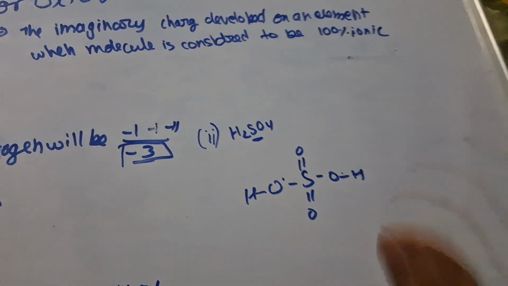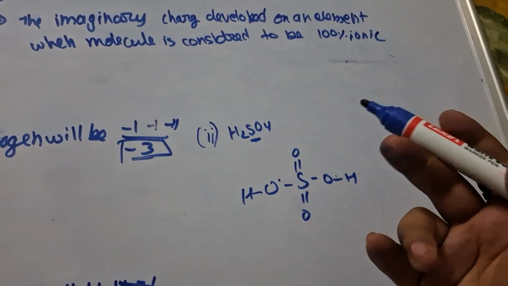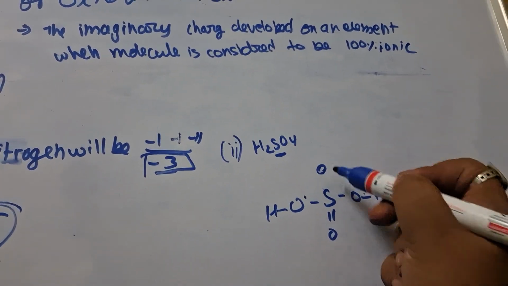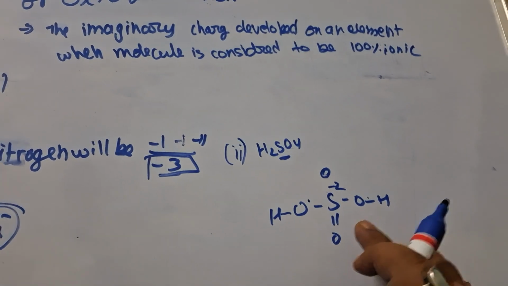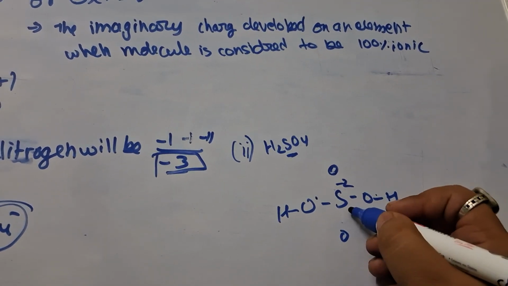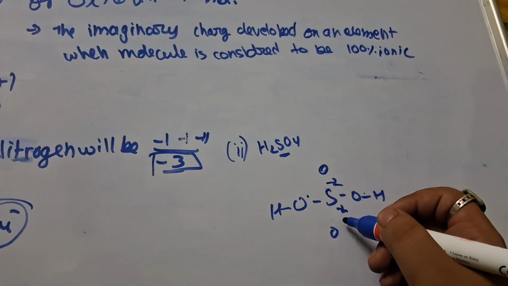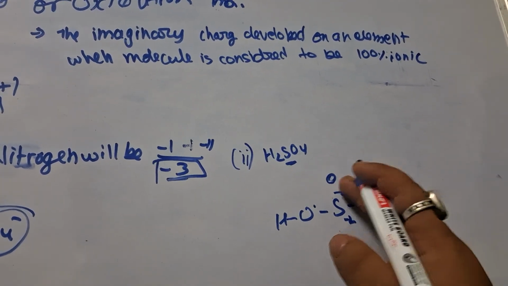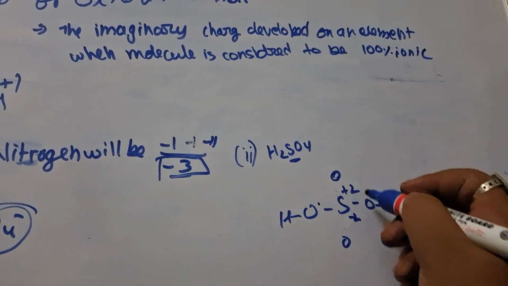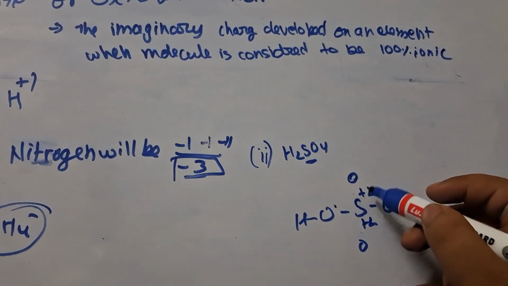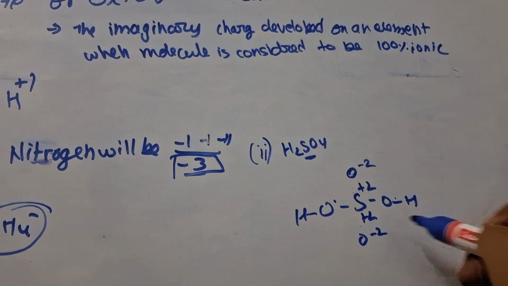So how do you do it with double bonds? When you break this double bond, a -2 charge will develop here. When you break this double bond, a -2 charge will develop here. Sorry, sulfur is less electronegative, so it will be +2, +2, -2, -2.